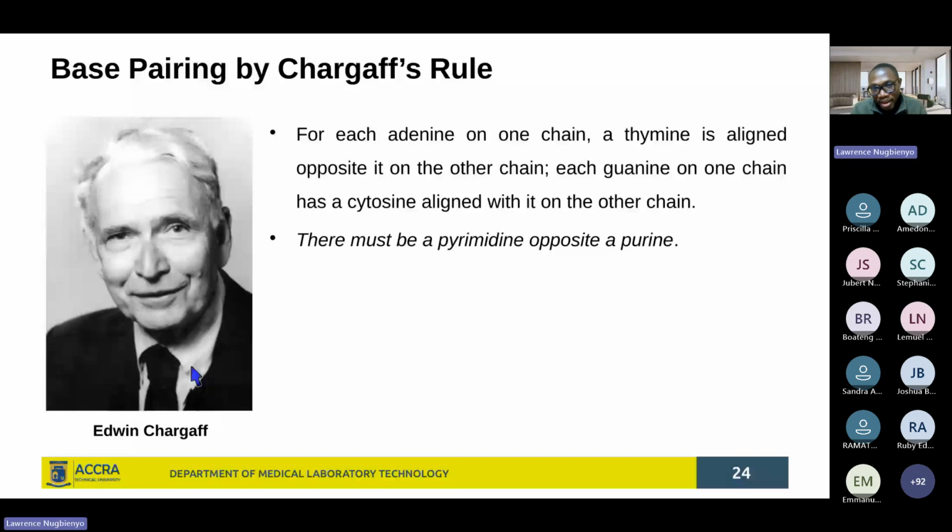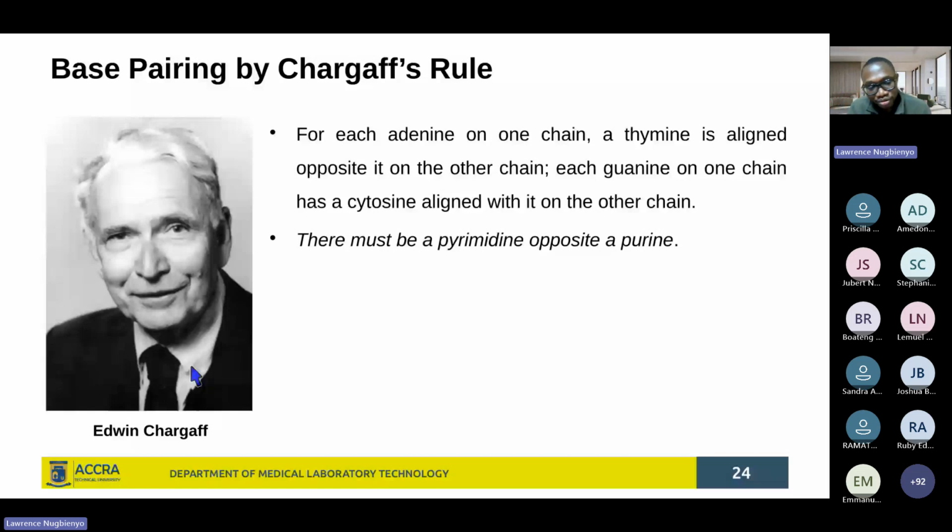Both of them are pyrimidines. Of course, there is uracil, when we move on to look at, say, secondary structure and above of RNA. Yes, there can be some pairing in RNA as well, but that will not be in a double strand.